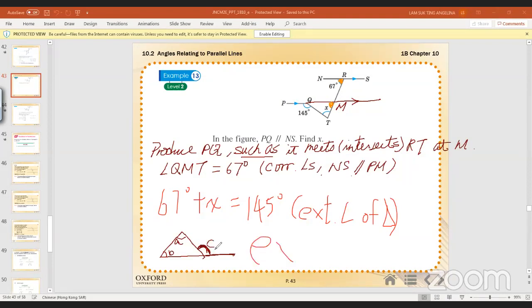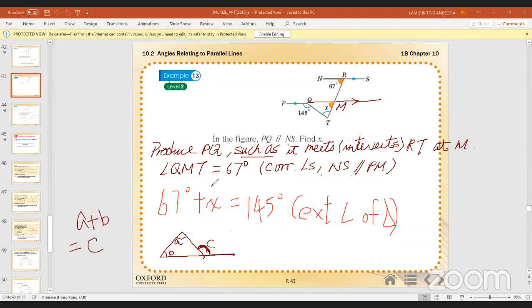Maybe this angle is C, this is exterior angle, then we have A plus B equals C. Then in this case, if you can see that 145 degrees is actually the exterior angle, then you can just make use of this one, then you can find X a bit faster.